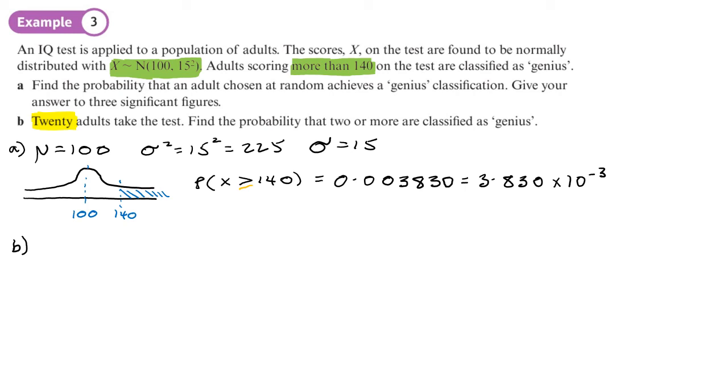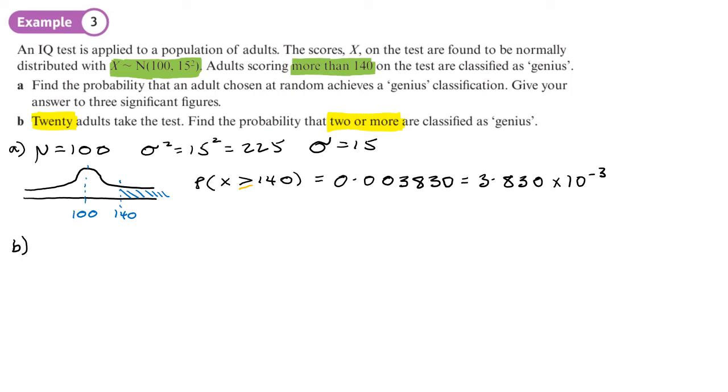We want to find that 2 or more are classified as genius, assuming that the probability of being a genius is independent, so me being a genius doesn't affect you being a genius. This becomes a binomial question because we have a sample size and we have a probability of success which is fixed, and we're looking at 2 or more here.